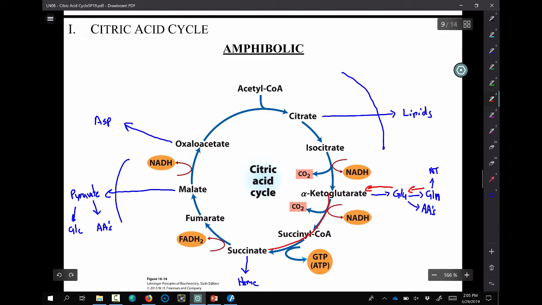Those carbons then can become oxaloacetate. So essentially what you're doing here with glutamine or glutamate is linearizing a cyclic pathway by feeding something into a different point on the pathway. So that can lead to net synthesis of oxaloacetate, and that would be anaplerotic. The other aspect of this, when we come up here, we have seen this.